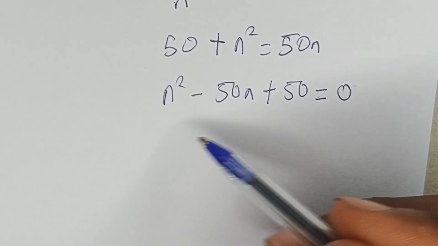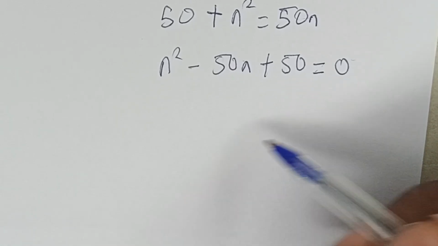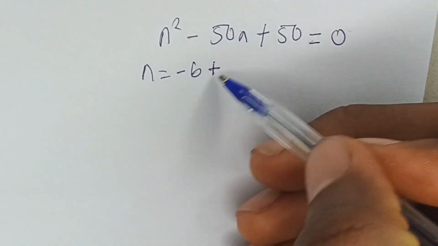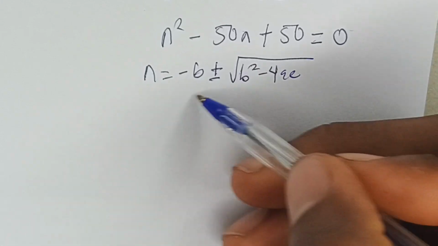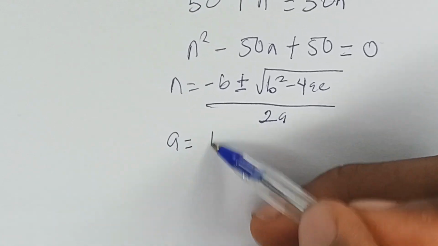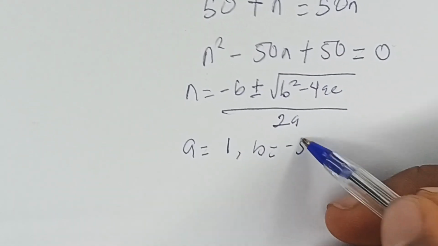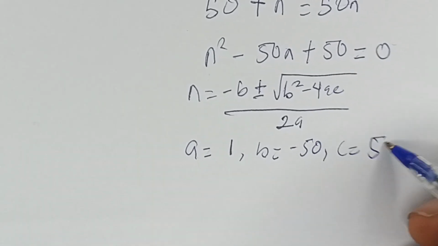Alright, now to be able to solve this, we're going to use the quadratic formula, and the quadratic formula states that n will be equal to minus b plus or minus square root of b squared minus 4ac all over 2a. Now a is equal to 1, which is the coefficient of n squared, b is equal to minus 50, the coefficient of n, and c is equal to the constant term, which is 50.